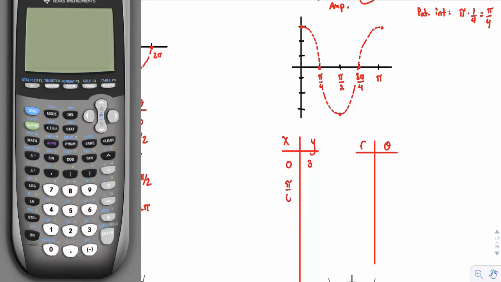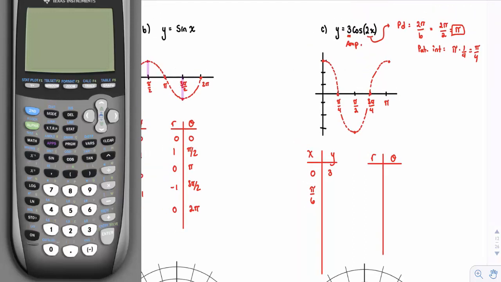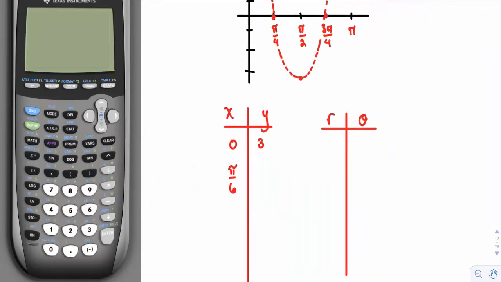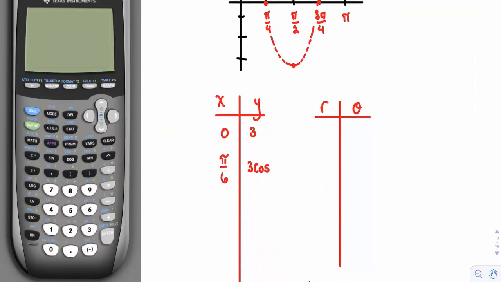So if I do pi over 6, again, this is 3 cosine of 2x. So my y value would be 3 times the cosine of 2 times pi over 6, so it ends up being pi over 3. So this would equal 3 times 1/2, or 1.5.